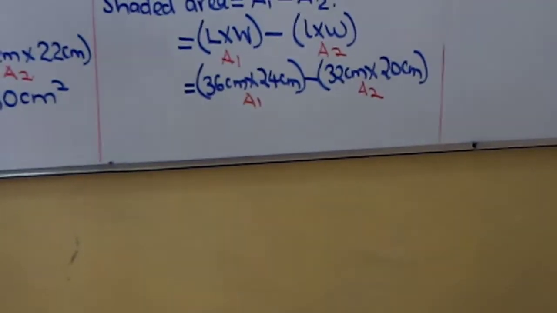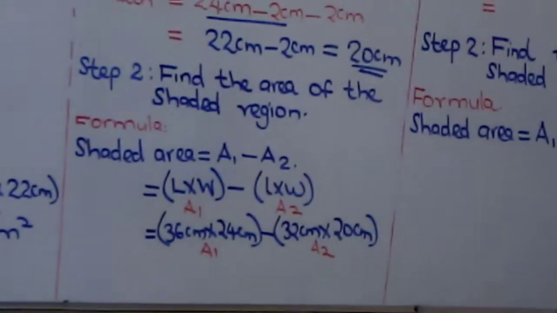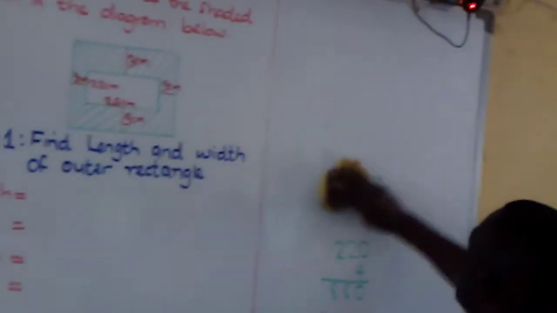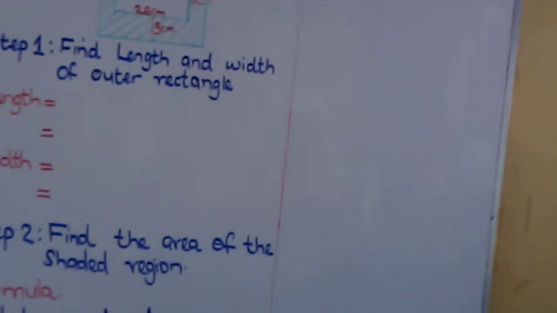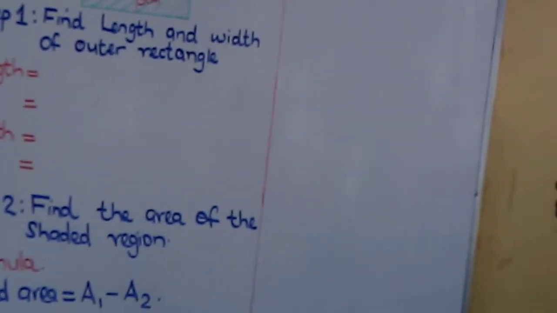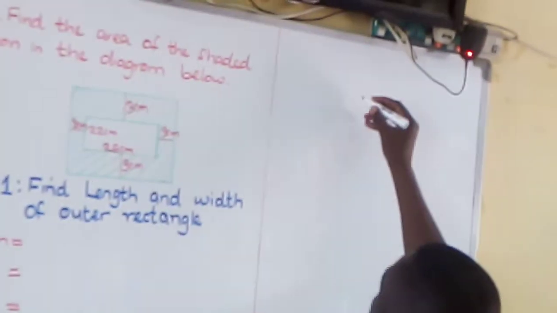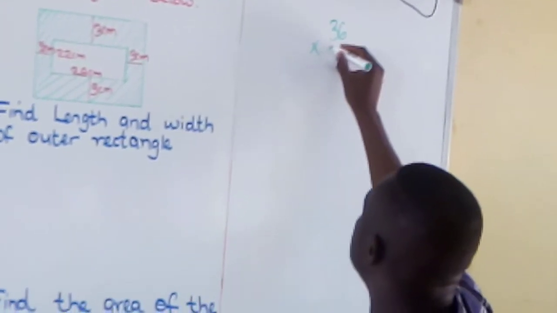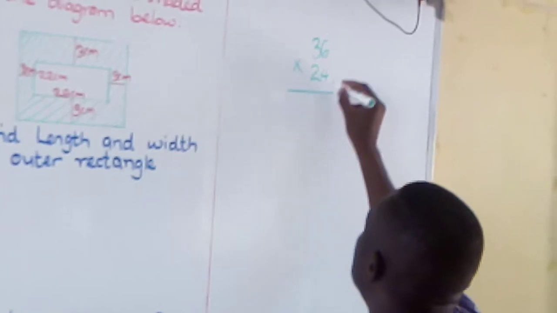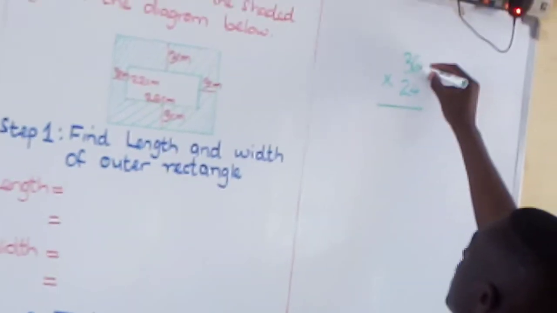We want to multiply. Please, boys and girls, let's go to our rough place. And this is our rough place. Allow me to clean the rough place so that we are able to use it for some other calculation. 36 multiplied by 24. 4 multiplied by 6.